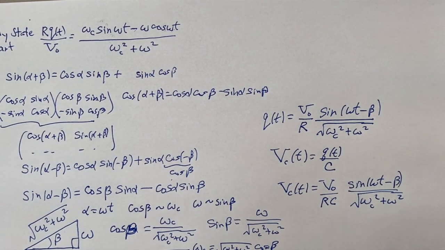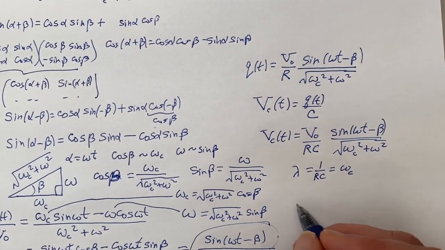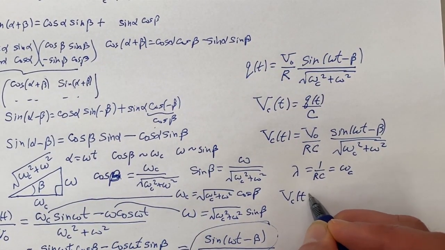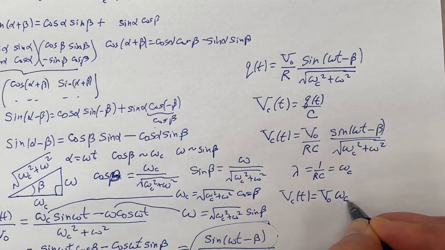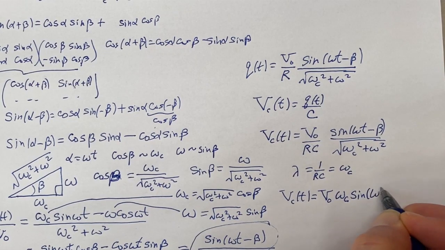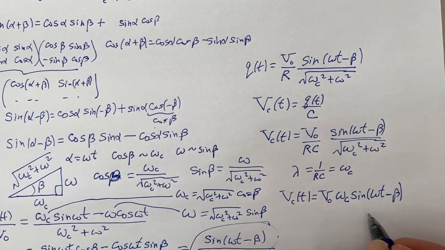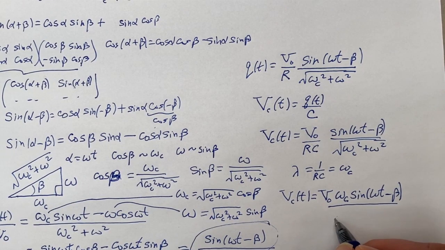That's it. I kind of like to write the omega squared first, but remember that this 1 over RC was our lambda that we had defined earlier, and we agreed to call that omega sub c. So therefore, the final result here is that this is equal to V naught omega sub c sine of omega t minus beta, and I'm going to now divide by switching the order.